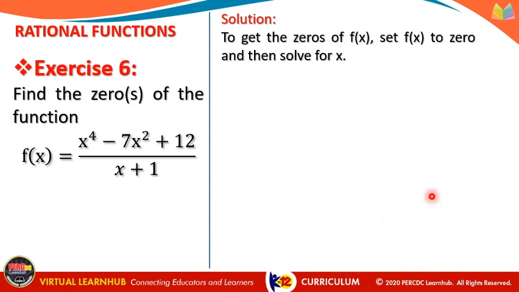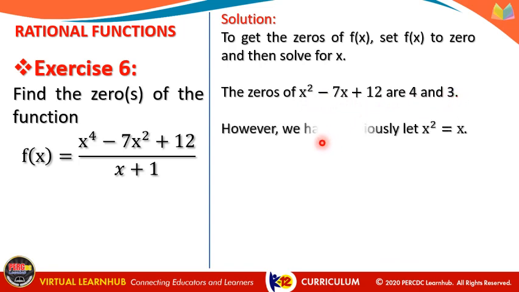Sige, tuloy natin. Nakuha natin kanina na ang roots ng x squared minus 7x plus 12 ay 4 at 3. Remember, kanina sinabi natin na ang x squared ay equal sa x. Okay? Itong mga nakuha nating 4 at 3 ay x nito. Mga x sila nito.